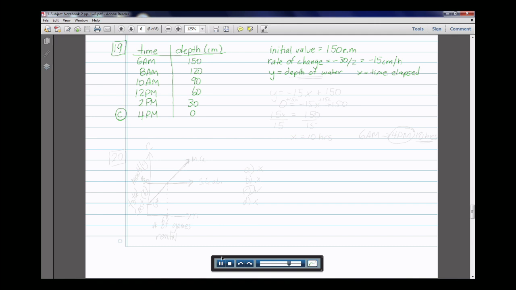So you would write your formula out. Remember that the rate of change is always multiplied times your independent variable, and then you have added onto it the initial value. And you want to know when that depth of water comes down to 0, so you set y equals to 0.